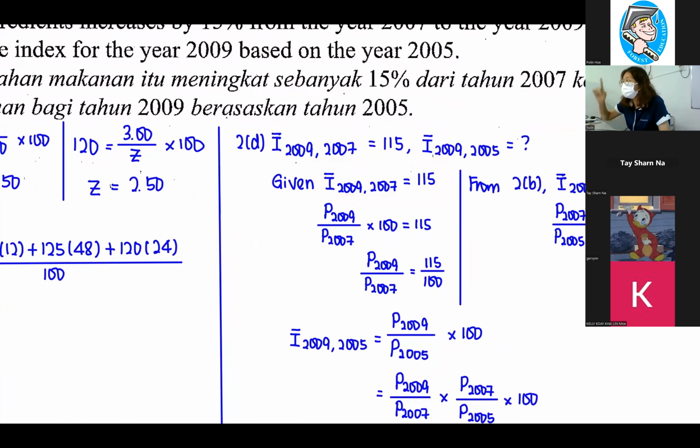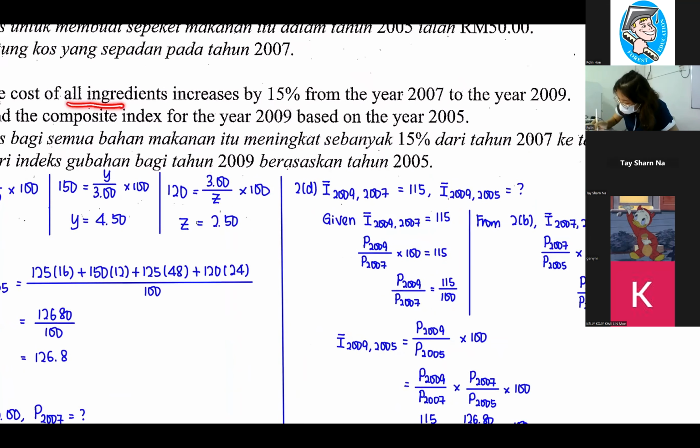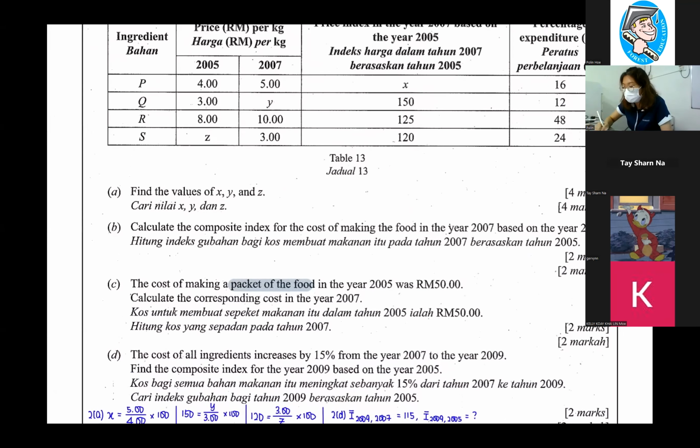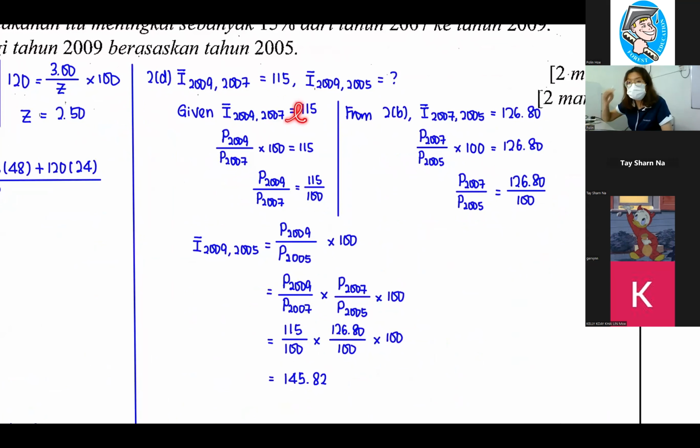This is only allowed 只可以在什么时候 when all the ingredients increase at the same rate. If let's say 回来这边 PQR increase 15% but S increase 10%, then you cannot apply this. 它要全部 PQRS everything increase by 15%.